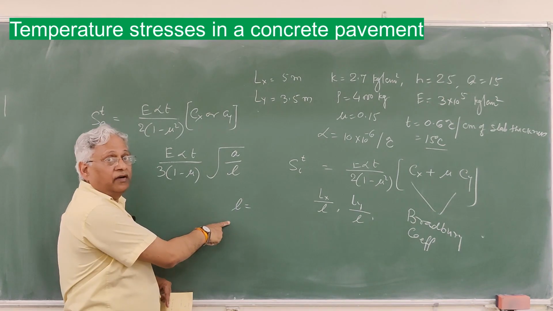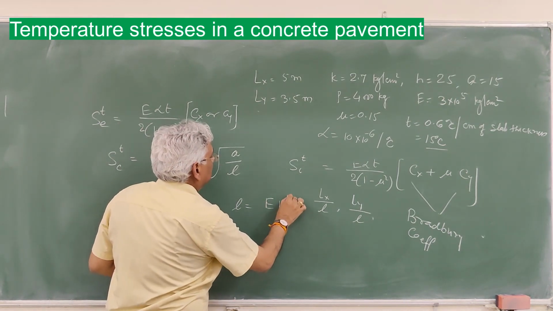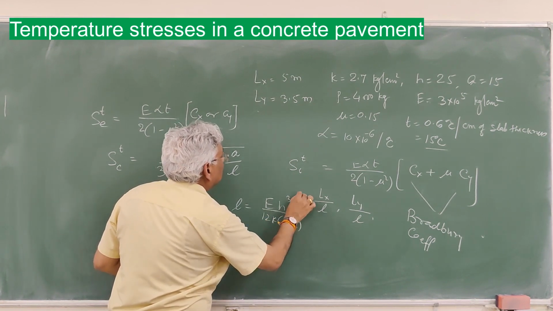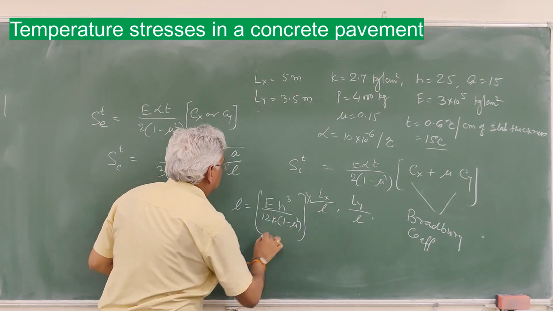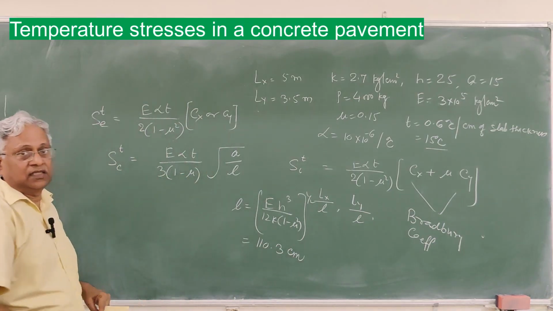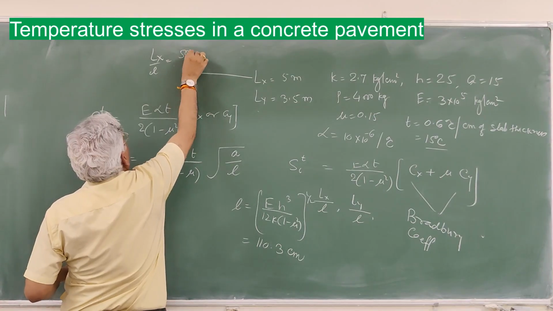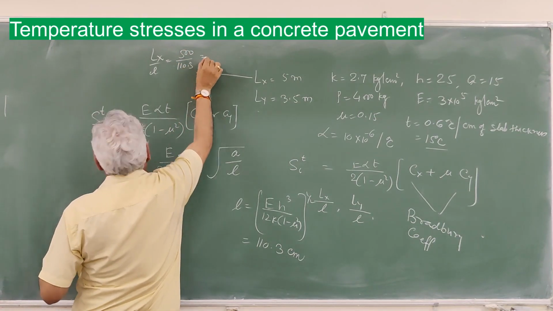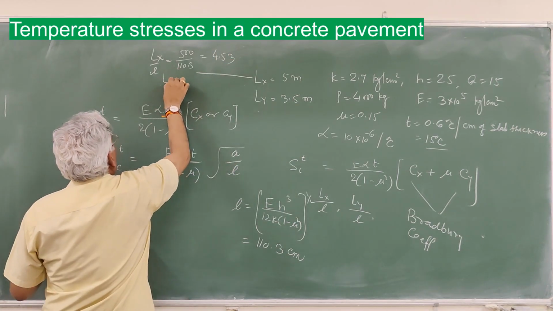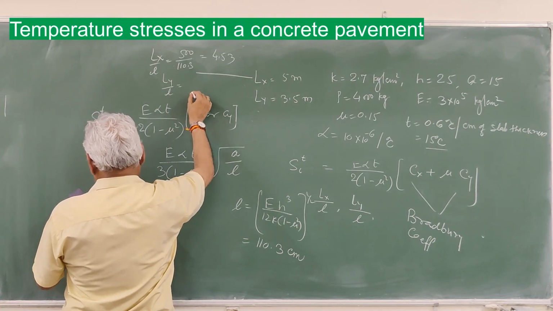Again, you recall our first session, we calculated L, that is (E h cube upon 12 K into 1 minus mu square) to the power 1 by 4, and this is 110.3 centimeter. This we calculated in our last session. Lx upon L is now 500 divided by 110.3. This is 4.53, and Ly upon L is 350 upon 110. This is 3.17.